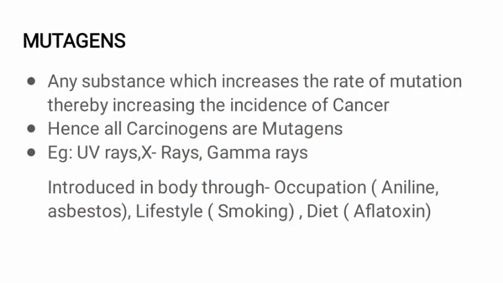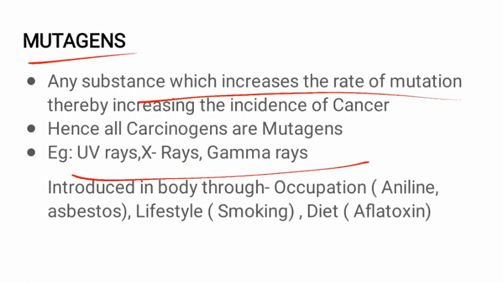Next comes the mutagens. Any substance which increases the rate of mutation is known as a mutagen. All carcinogens are indeed mutagens because they act by inducing mutations in the genetic material. These mutagens are introduced into our body in many ways: through occupation, so if a person works in an industry which involves the use of aniline and asbestos; through lifestyle, such as smoking; or through diet, through aflatoxin.